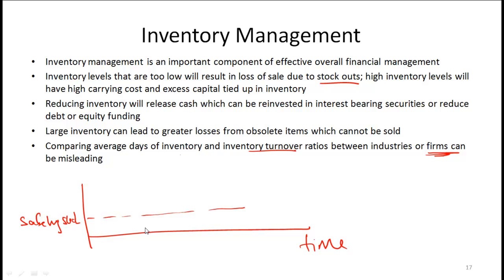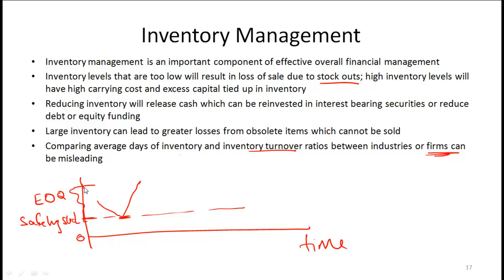So in order not to ever have a stockout position, companies, if this is 0, will have a certain safety stock where they say that we always want at least this much stock. So as inventory is used up, it is coming down. When we hit the safety stock, then companies reorder inventory, and the amount that is reordered, so the distance from here to here, is often referred to as the economic order quantity.